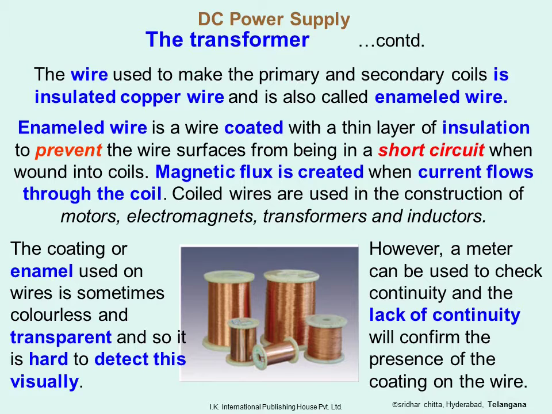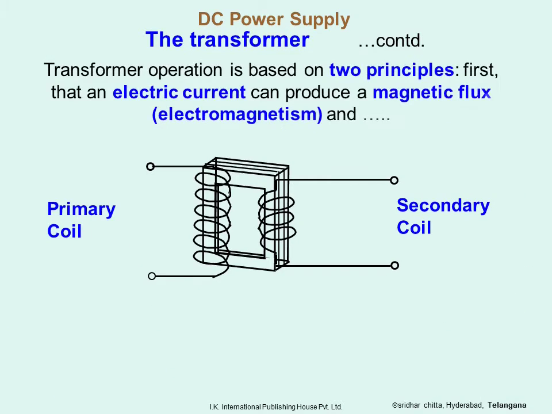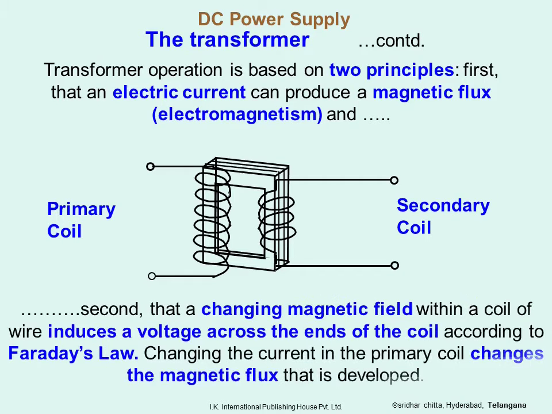Transformer operation is based on two principles. First, that an electric current can produce a magnetic flux, electromagnetism, and second, that a changing magnetic field within a coil of wire induces a voltage across the ends of the coil according to Faraday's law.